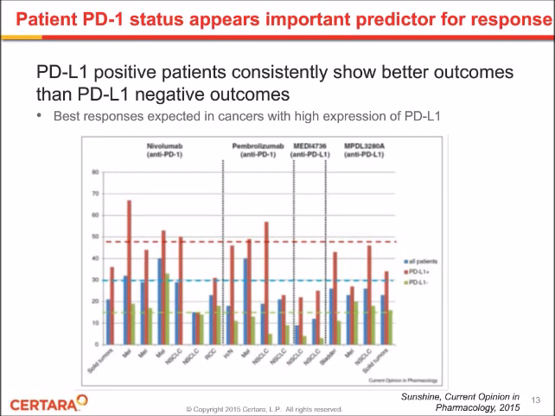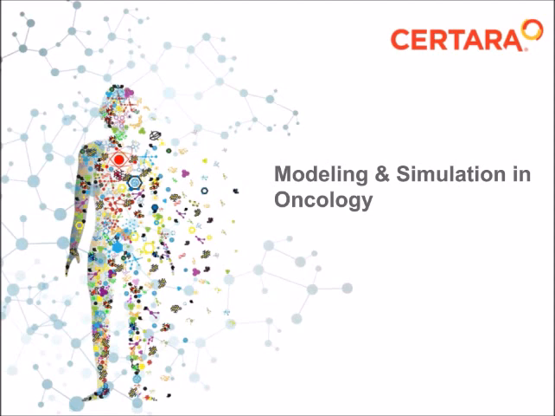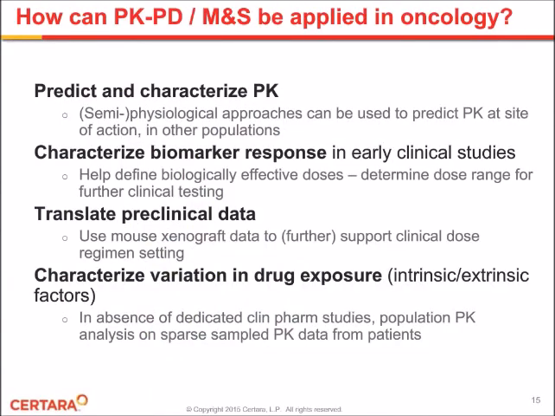Okay, that's for the introduction into immunotherapy and specifically the PD-1 target. Now on to modeling and simulation, how that can be applied in oncology. And I'll start with a more general description of what types of questions can be addressed through the application of modeling and simulation, and specifically also PK/PD types of modeling and simulation.